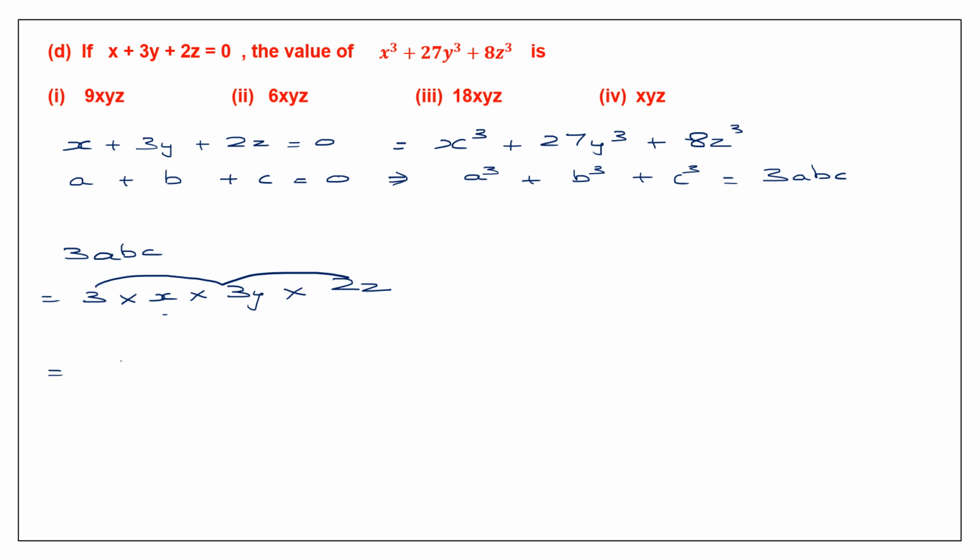So the numbers are 18. Let's look at the letters here. x into y is xy, xy into z is xyz. So this is 18xyz. This is our answer, and that is option 3.